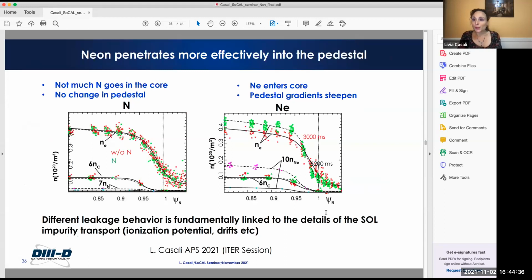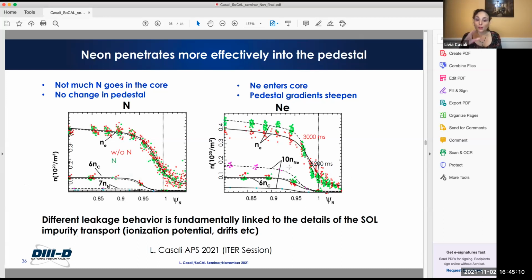Now, another important finding was that neon penetrates more effectively into the pedestal. If we compare the profiles between nitrogen and neon, we can see that while there is not much nitrogen going into the core and the pedestal is not changing much, for neon, we can see that neon enters the core and the pedestal gradients are steepening.